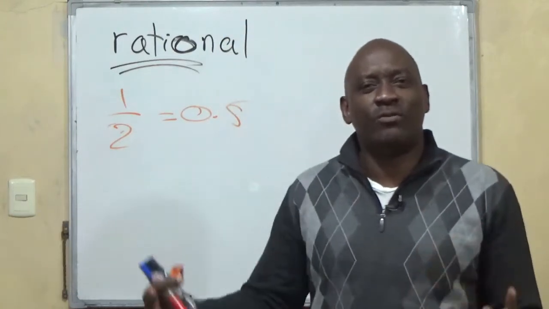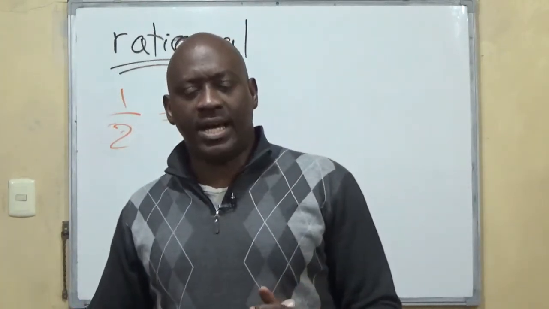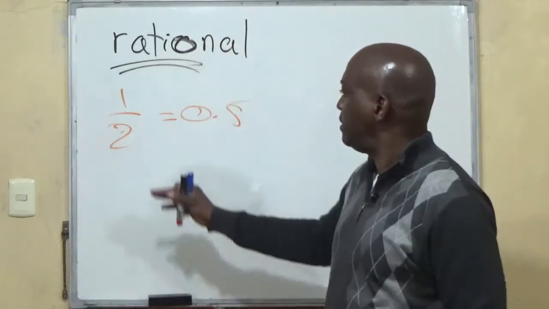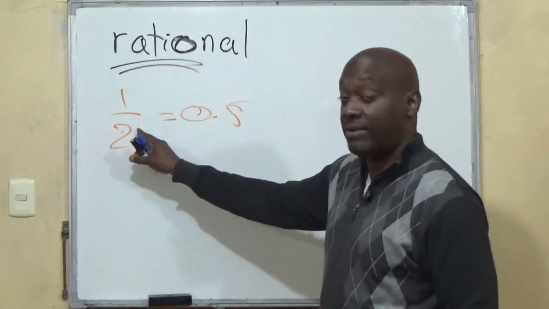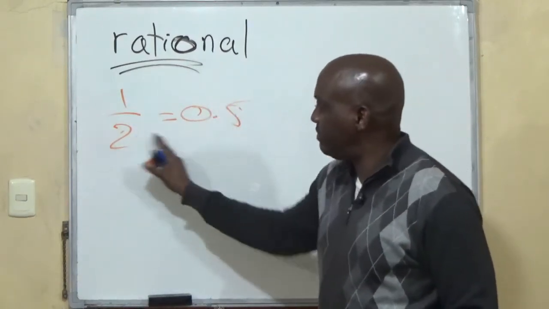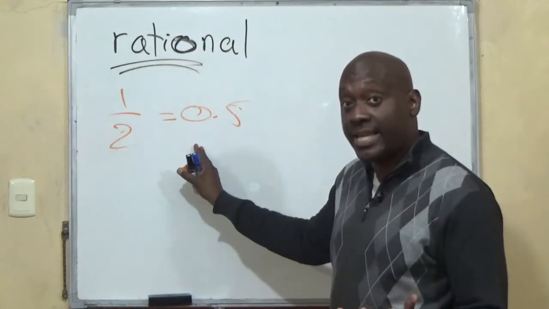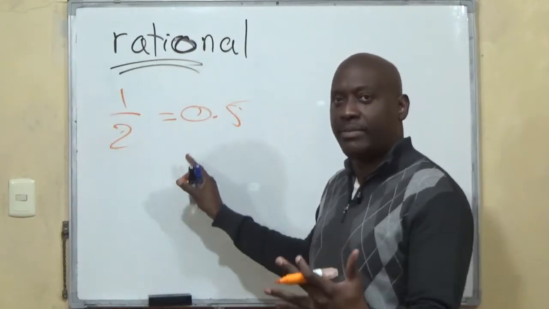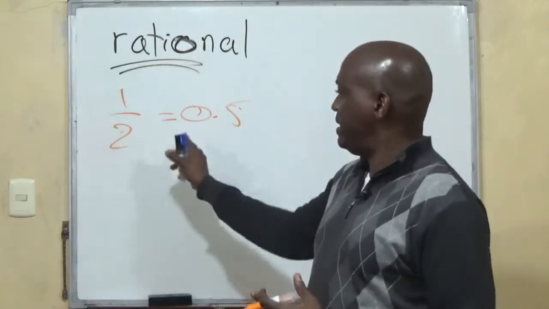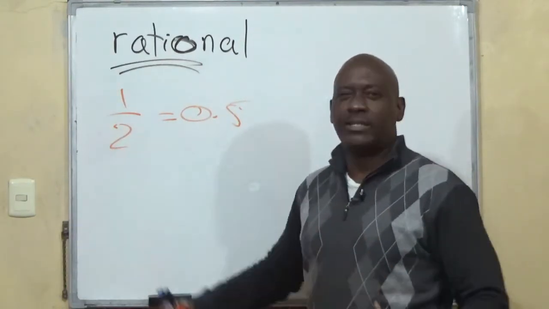So we're starting at the point that everybody is familiar with. 1 over 2 is a fraction that is 0.5 as a decimal. Both of these represent the same quantity, the same number written in a different form. Both of these are examples of rational numbers.